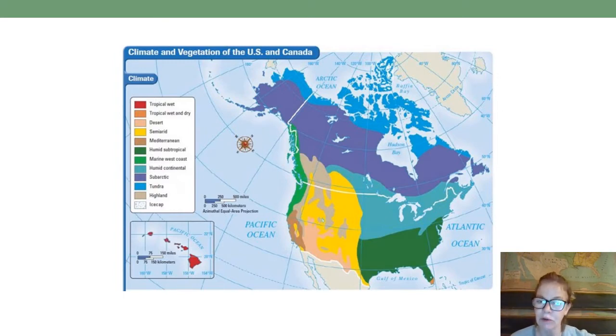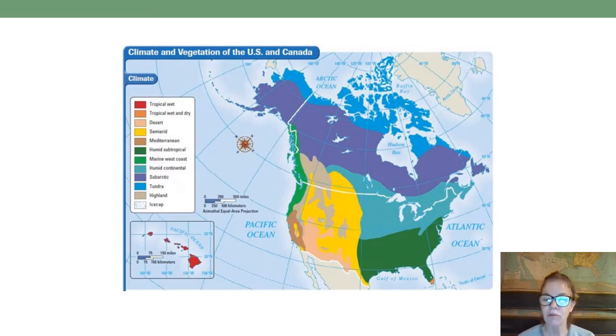Obviously, there are no tropical or subtropical climates in Canada. We have subtropical in the southeastern part of the United States, and then tropical at the tip of southern Florida, and of course in Hawaii as well. That's tropical wet, and then the tip of Florida is tropical wet and dry.